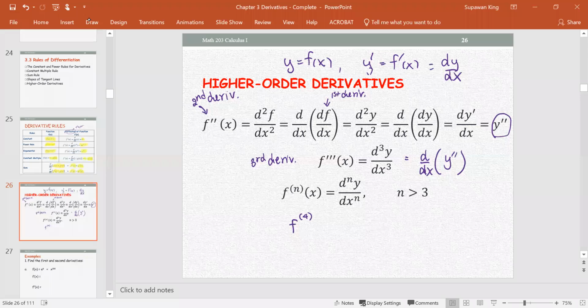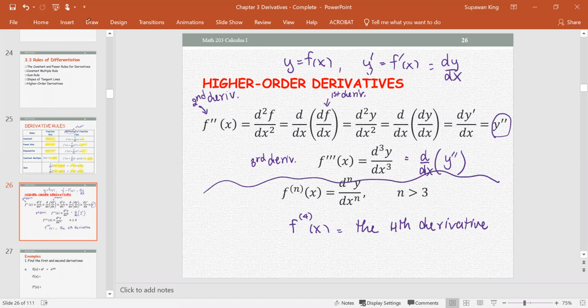So f superscript 4 means the fourth derivative. For the first, second, and third, we can use the dash, dashes, or three dashes for the third derivative. After that, we use the general notation f superscript 4. Make sure the number 4, or the nth derivative, is in the parentheses.